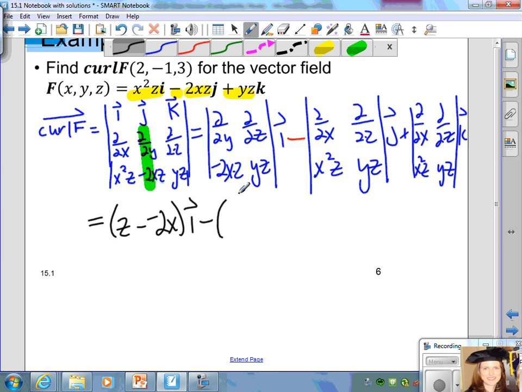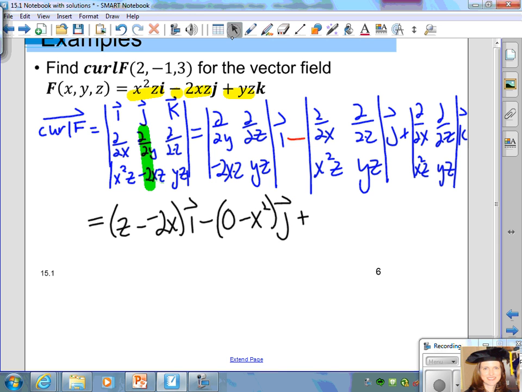We take the partial with respect to x of yz, which is 0. Partial of this with respect to x is 0. Take the partial of this with respect to z, and that's going to be x squared. So it's going to be minus x squared. That's your j.